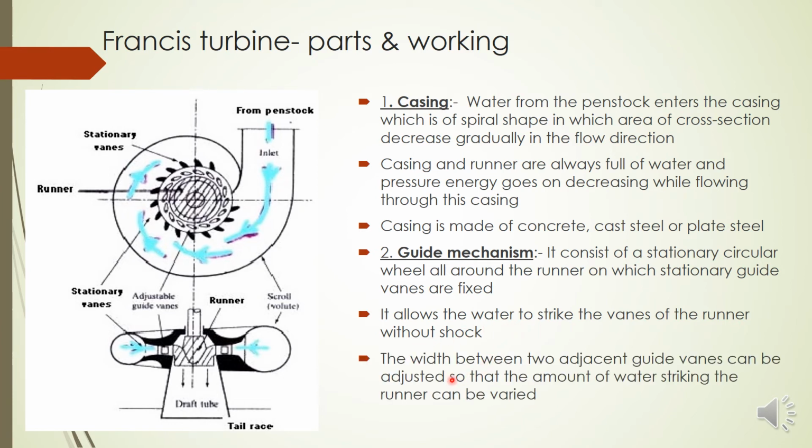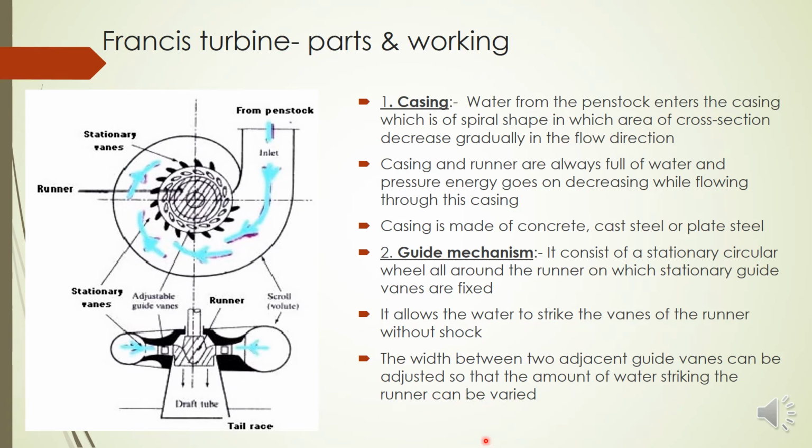And another function is this one. You can adjust the gap between any two adjacent stationary vanes externally. So you can tilt these vanes so that this area will change. We can incline the vanes or straighten them, changing the distance between two vanes. That's how we are controlling the amount of water.